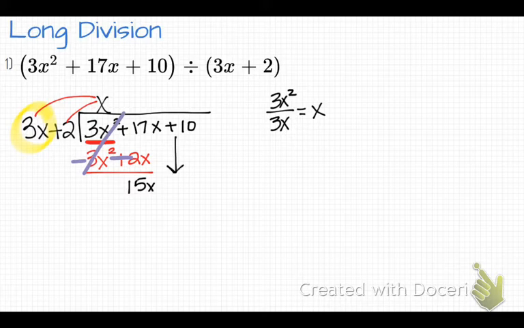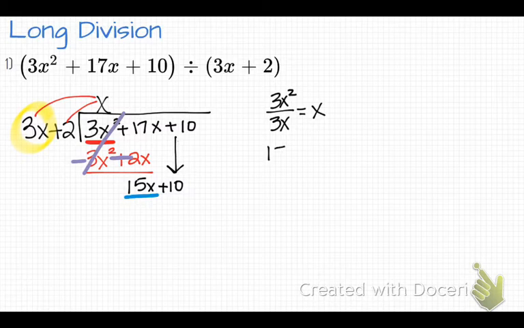Bring down the 10, just like how I brought down the digit before. Do you follow me so far? Okay. So now I have 15x plus 10. What is my new leading term in here? 15x. That's the first term. That's my new first term.